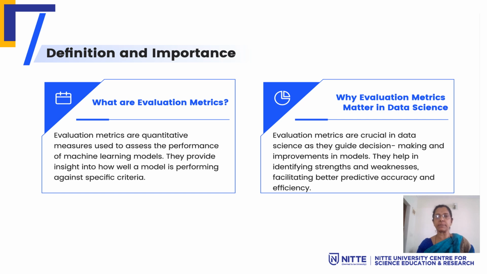So generally for this purpose, data splitting is employed, and data can be split into training sets and testing sets. It can be in the ratio of 80 to 20 or 60 to 40.